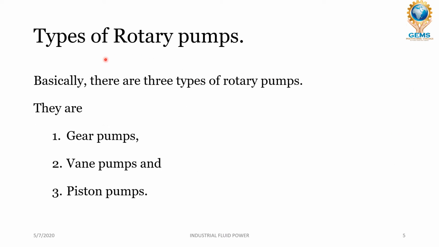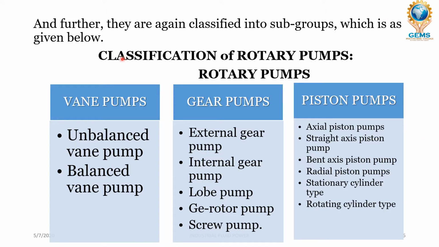So what are the types of rotary pumps? Basically, there are 3 types of rotary pumps: gear pumps, vane pumps, and piston pumps. And further, they are classified into subgroups, as given below. Classification of rotary pumps: vane pumps, gear pumps, and piston pumps.